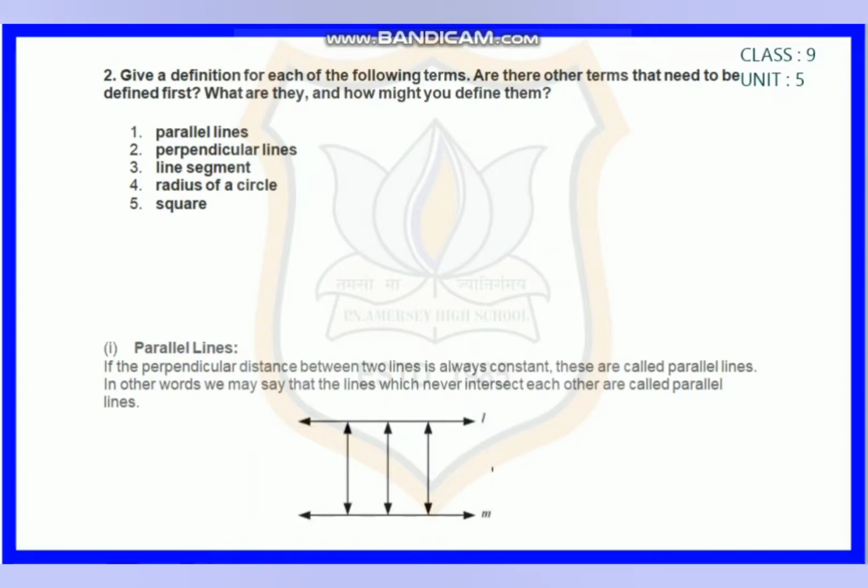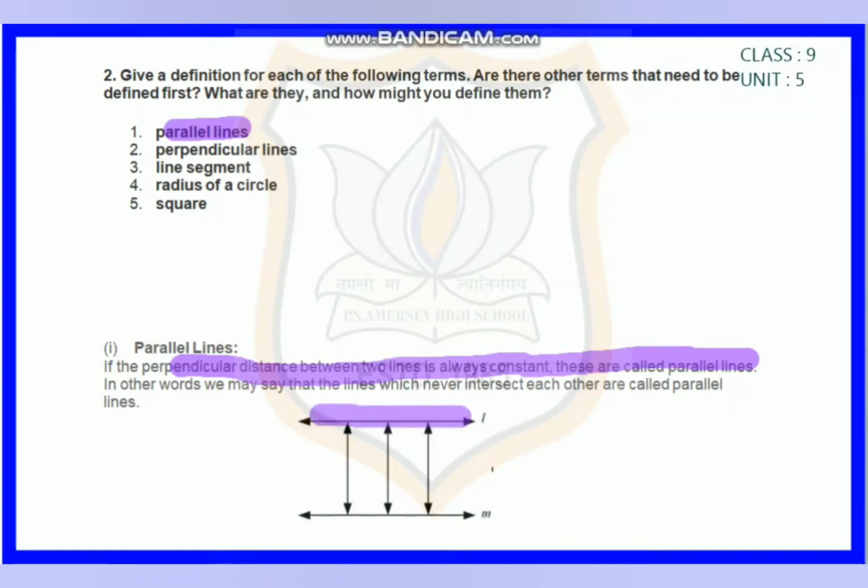In question number 2, we have to define a few terms. First term is parallel lines. What are parallel lines? The lines which do not intersect, or the perpendicular distance between two lines is always constant. They are called parallel lines.